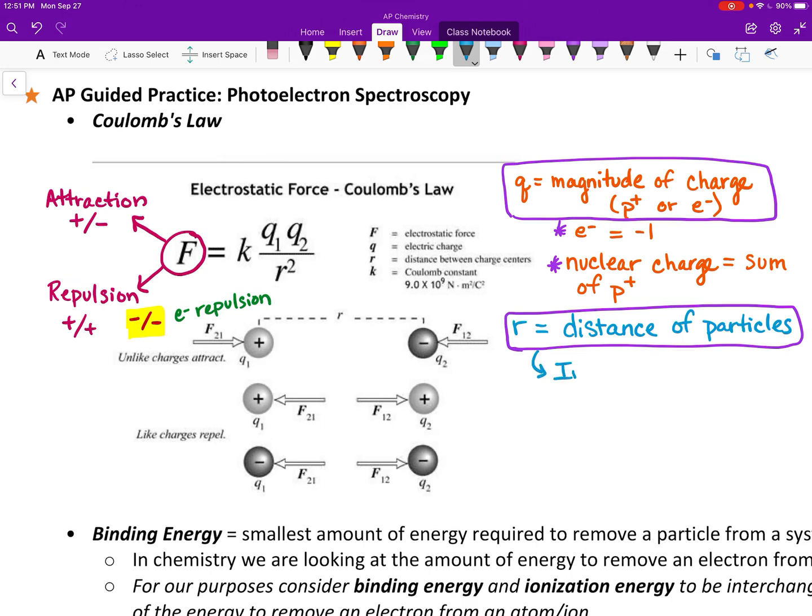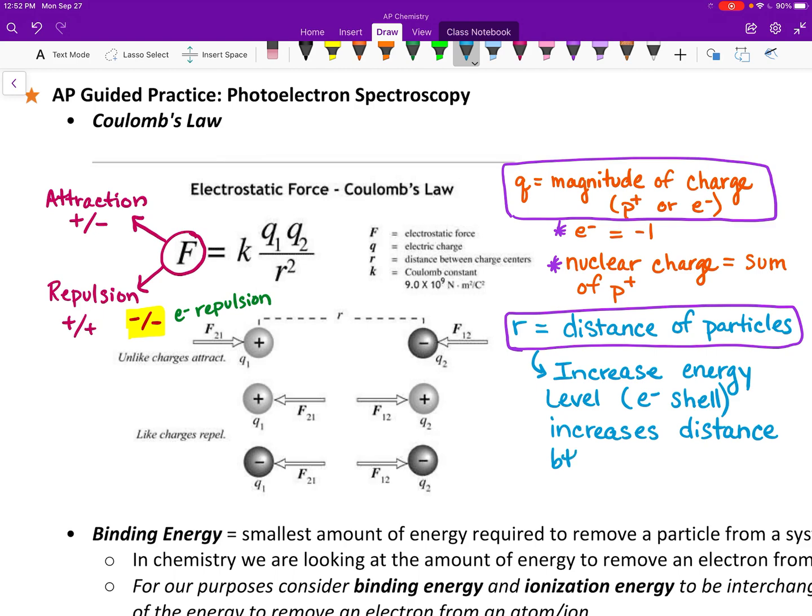So as we increase our energy level, our principal energy level, principal quantum number, or you could think of this as electron shells, we are increasing the distance between the nucleus and electrons.